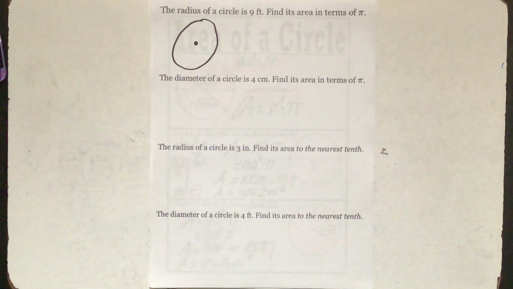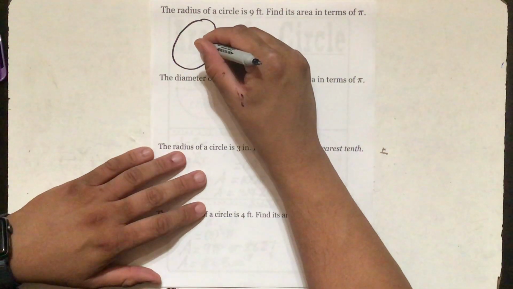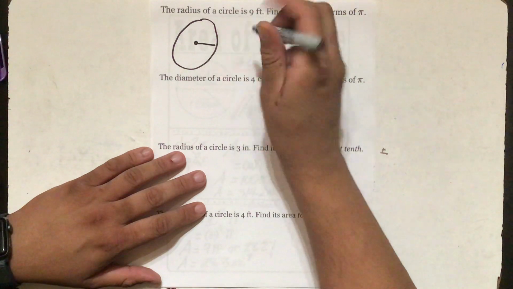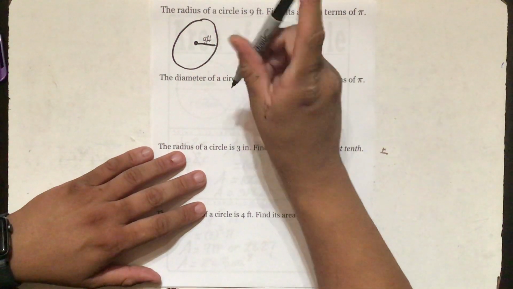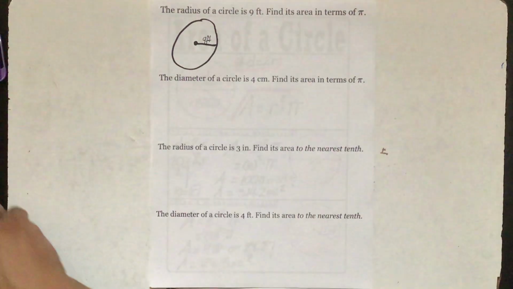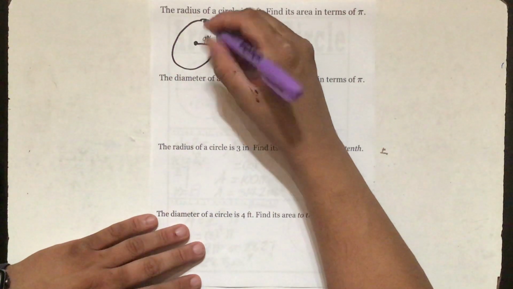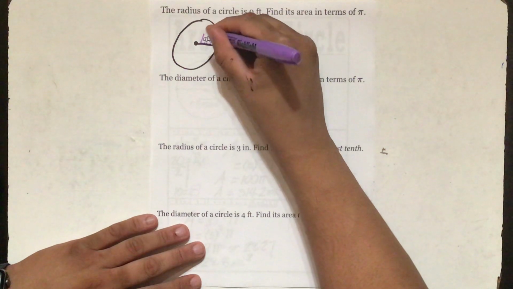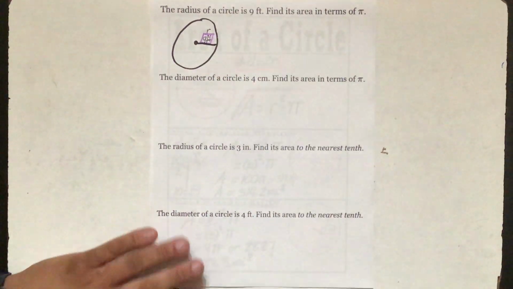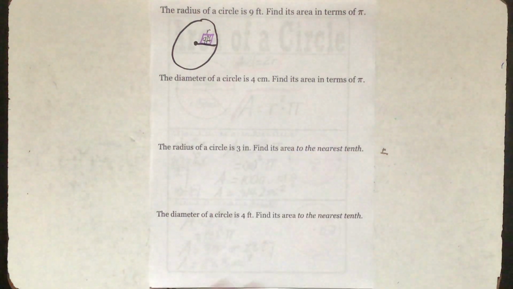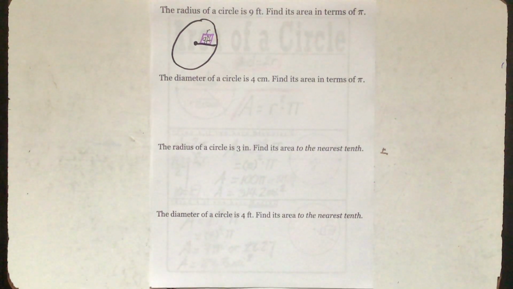And it says the radius of a circle is 9 feet. So from the center to the side is 9 feet. Well, the radius we know is in purple. That is our radius.